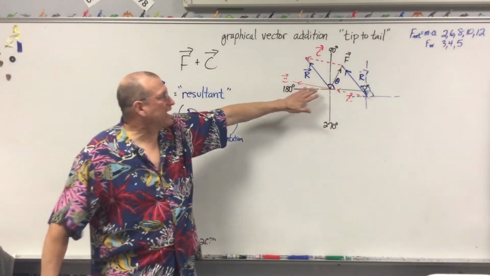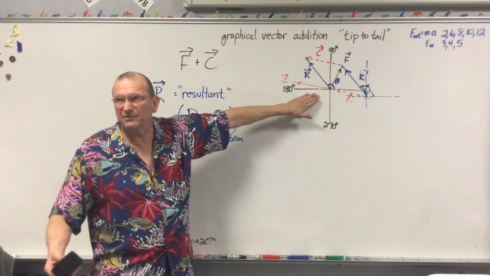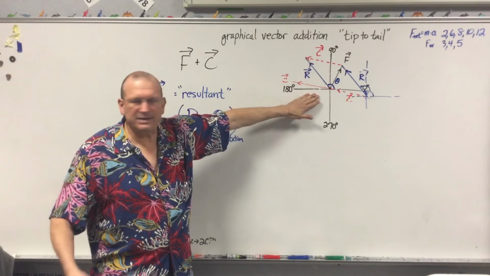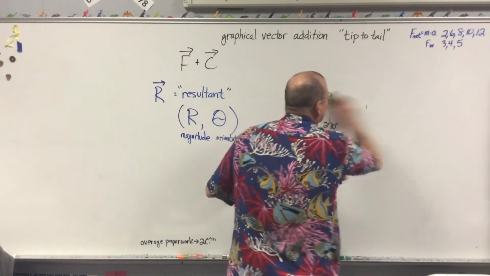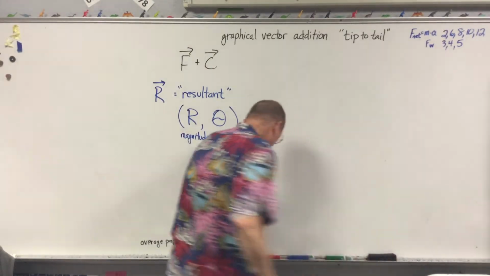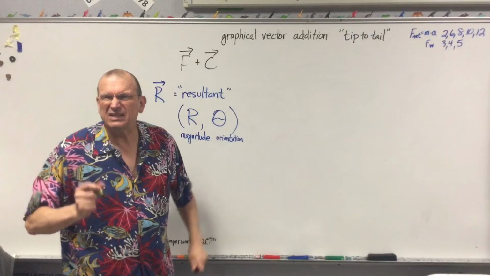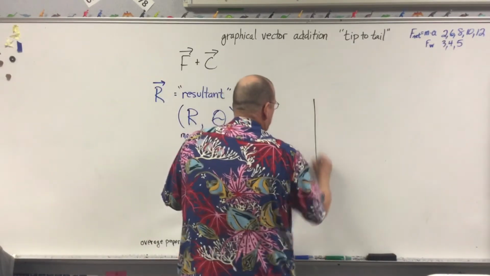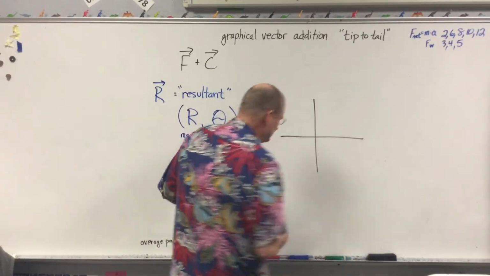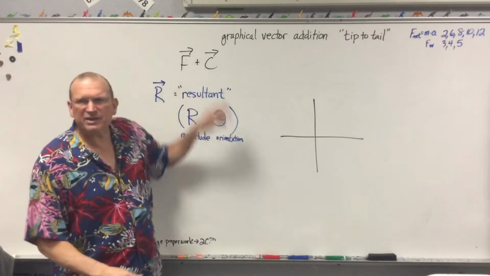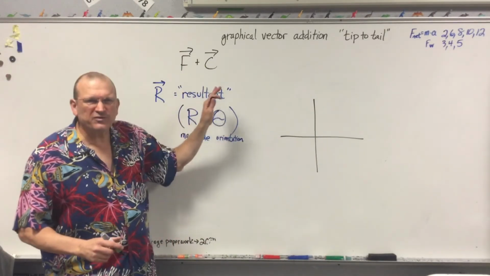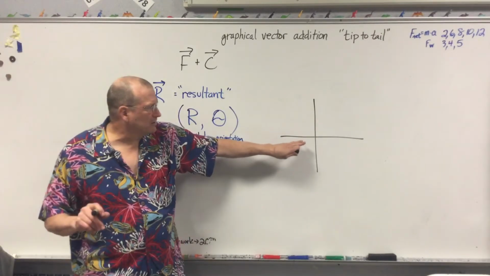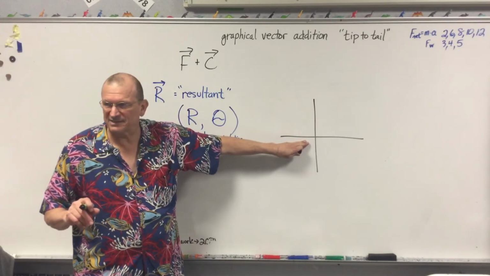Now, I am not going to have you present this the way that a textbook does. So, I am going to show you the easy way to do this. You got to do F plus C. You start with your first vector. You have to draw a set of coordinate axes.